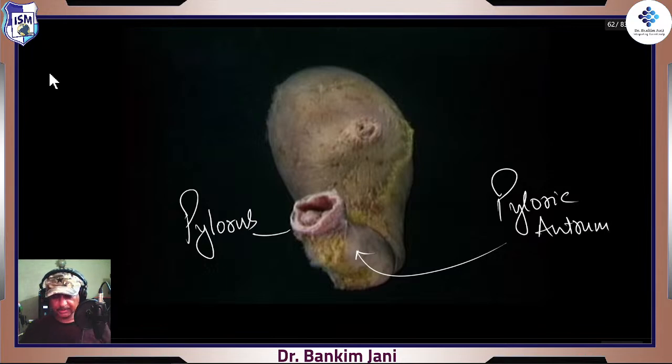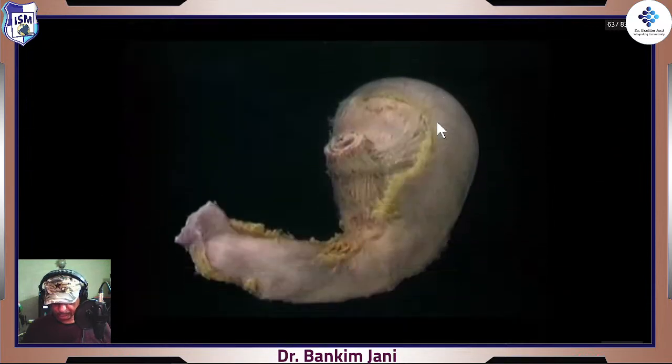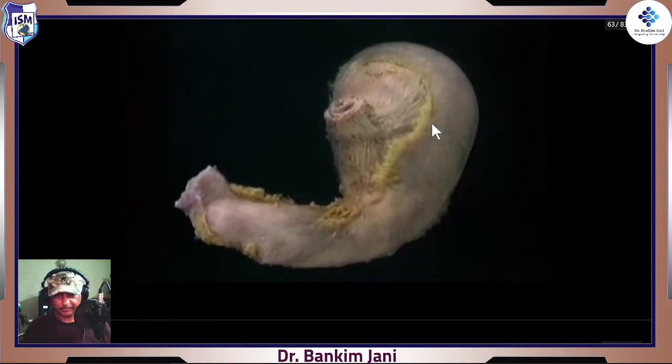Now this GE, the gastroesophageal junction, is not very powerful, but this pyloric end is extremely powerful. There is also the peritoneal reflection, but we'll come to this. Meantime, this is the pylorus, the pyloric antrum.